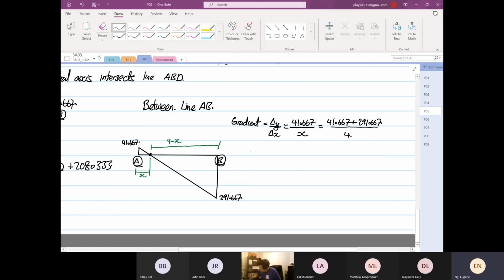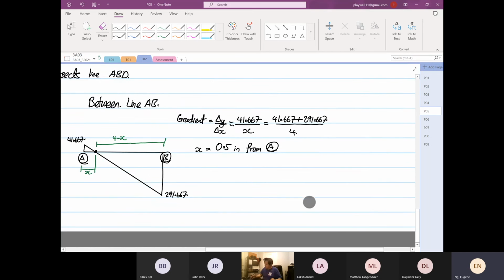So we need to find X. So X equals 4 times 41.667 divided by (41.667 plus 291.667), which is equal to 0.5. So this is 0.5 inches from point A.